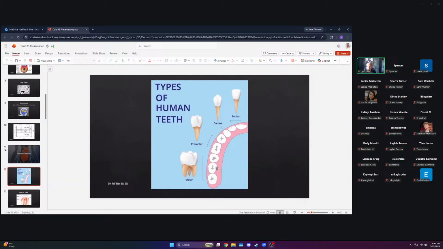Our molars and premolars are really responsible for mashing and grinding to convert food into a bolus, a paste-like substance. So for the lab quiz, definitely be familiar with these four types of teeth, the four primary types.